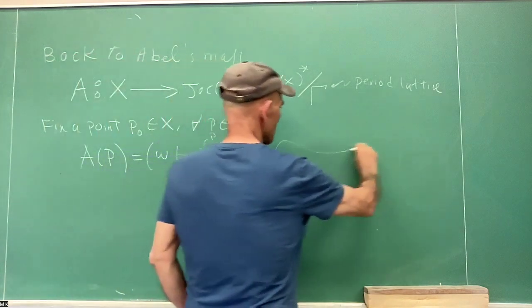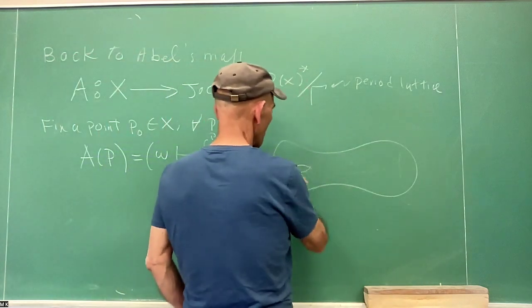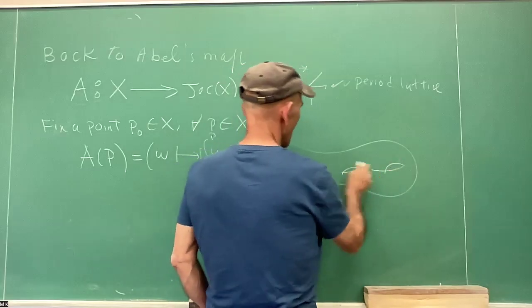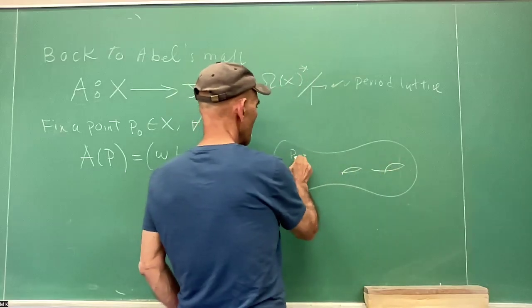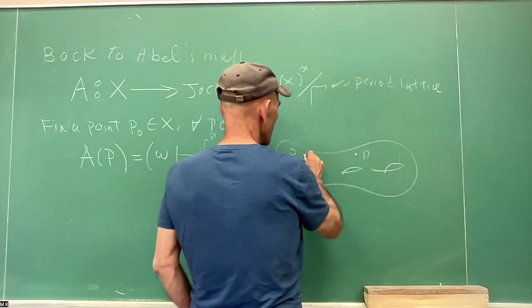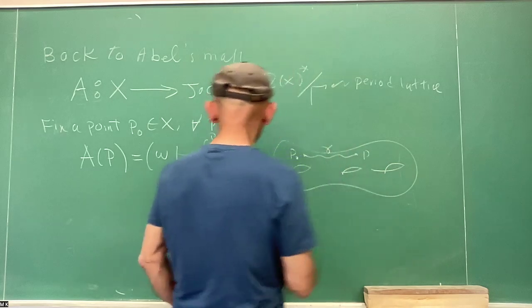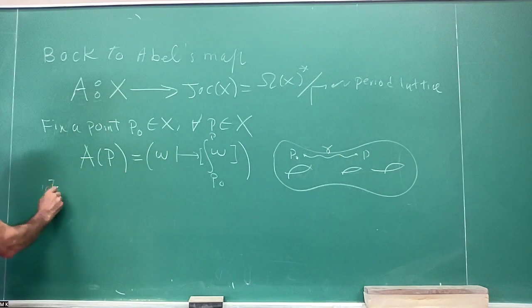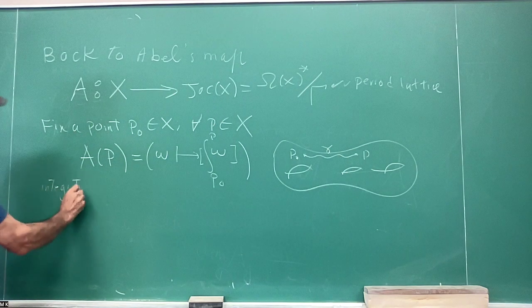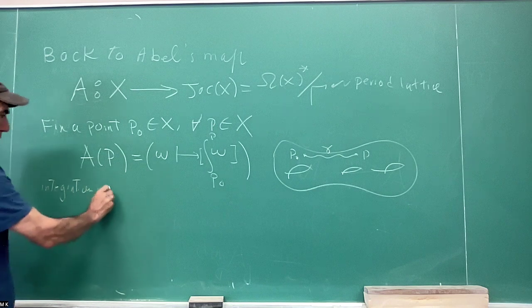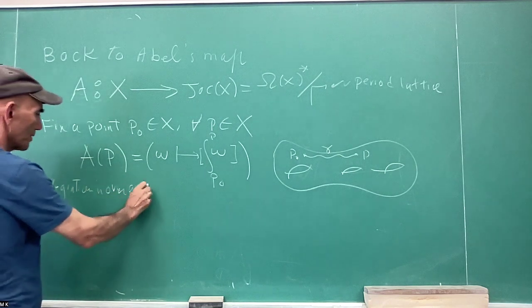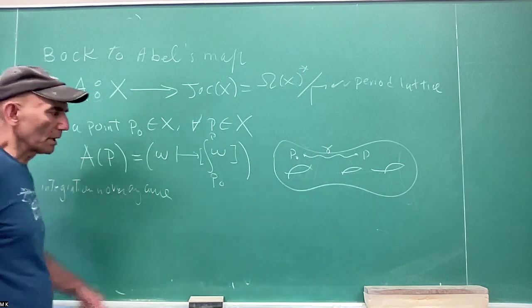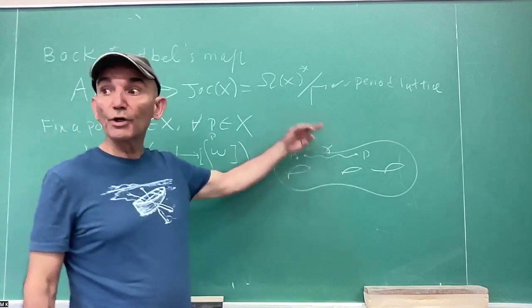So let me give you some indication of how it works. We fix a point P0 here, and then for any P, just take any curve gamma. The integration is over any curve; that doesn't matter, because we are going into the quotient.